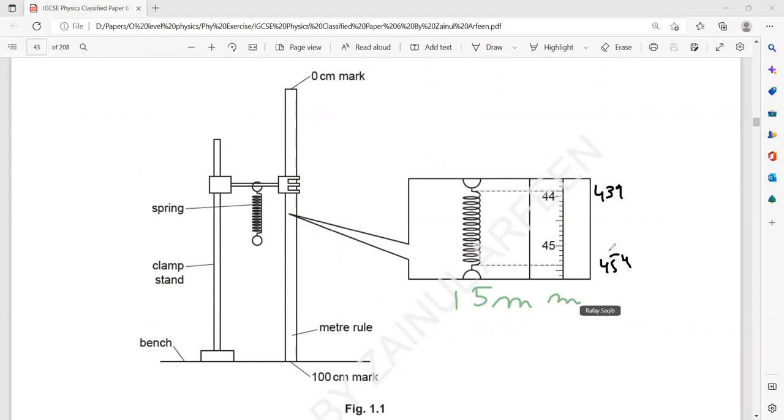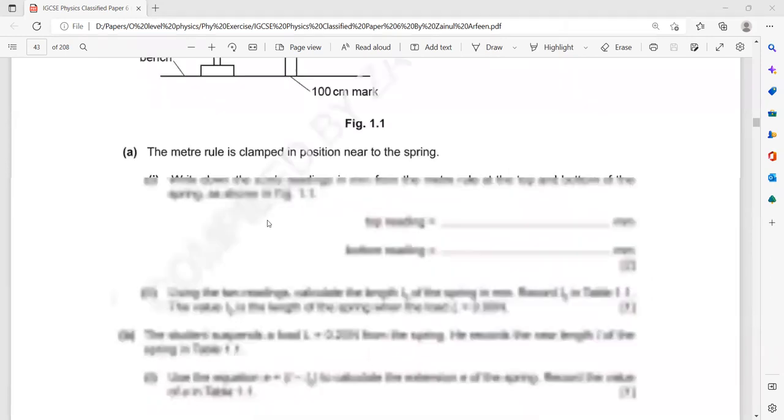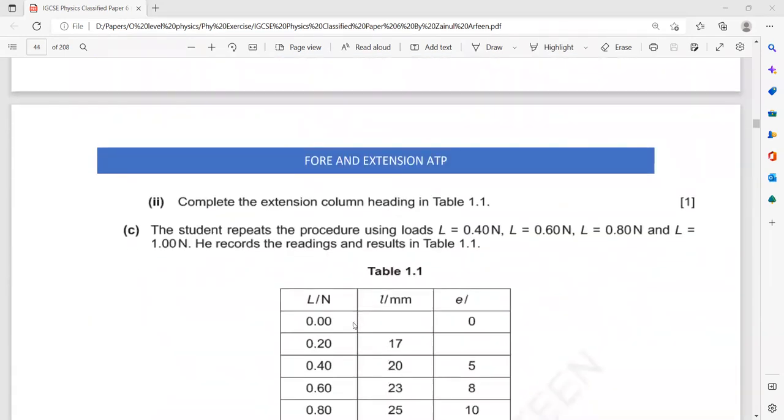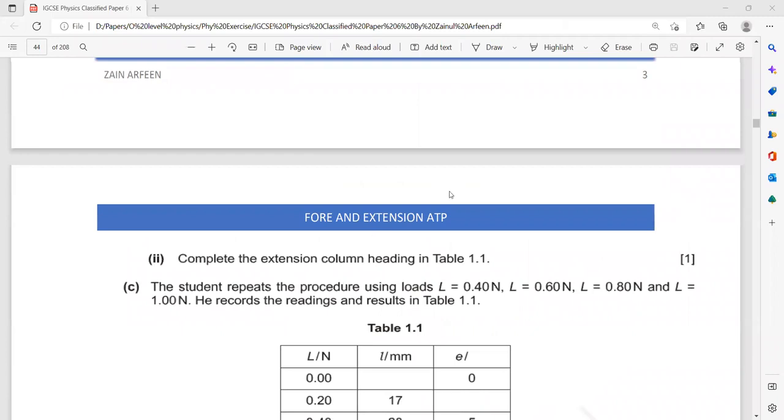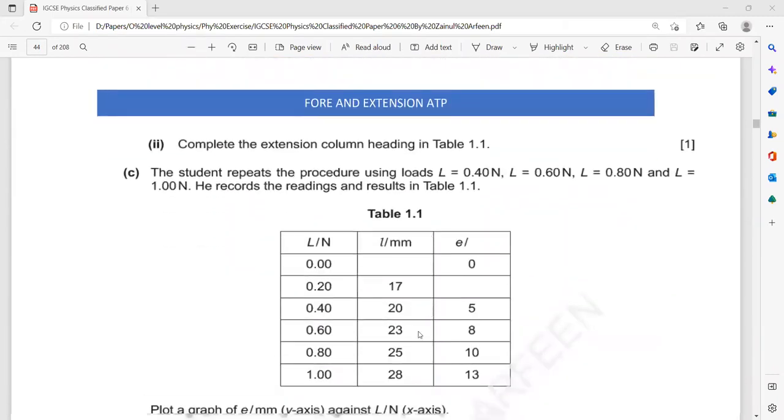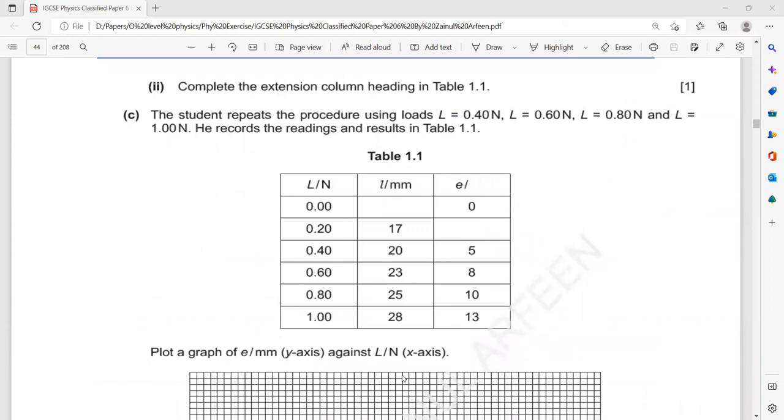So the length of the spring, basically we take a difference, so L naught is 15. We have to write this 15 in the table where the load is equal to 0. So we will write 15 here. So 15 millimeter, the length.